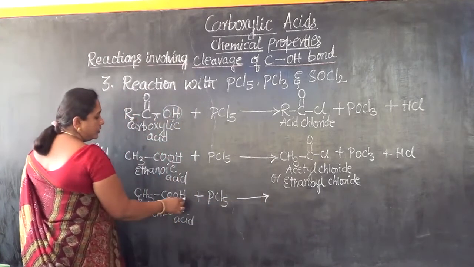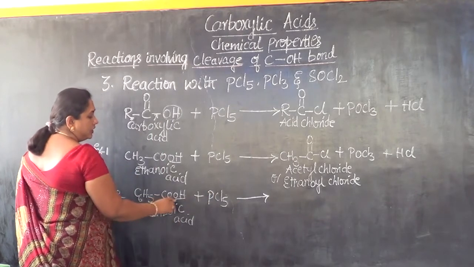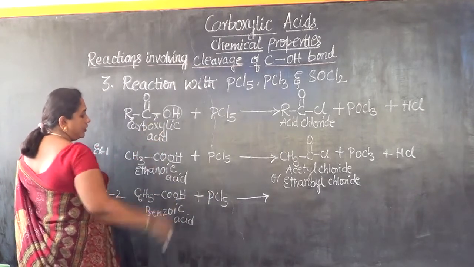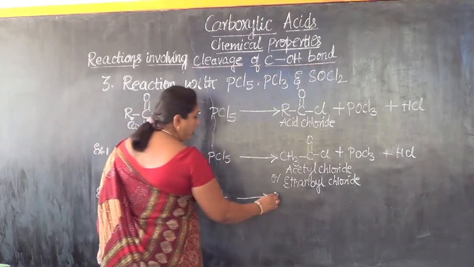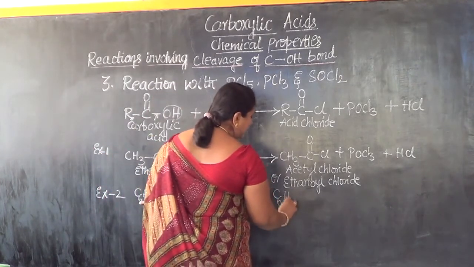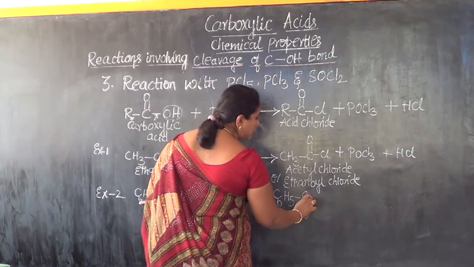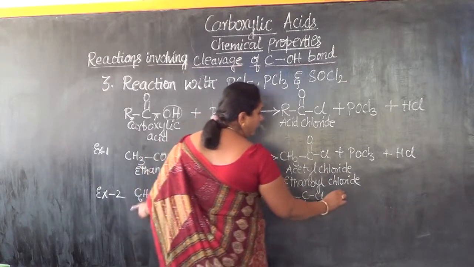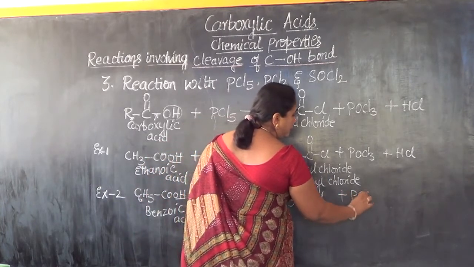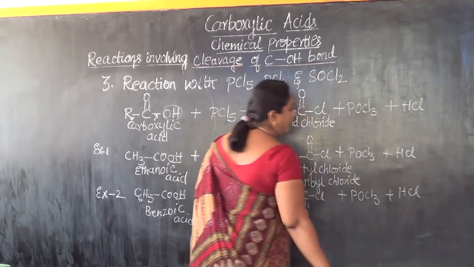So now this OH will be replaced by Cl because the C and then OH as shown here will undergo cleavage, this will remain intact, forming C6H5 C double bond O Cl along with POCl3 and HCl. These are the other byproducts.